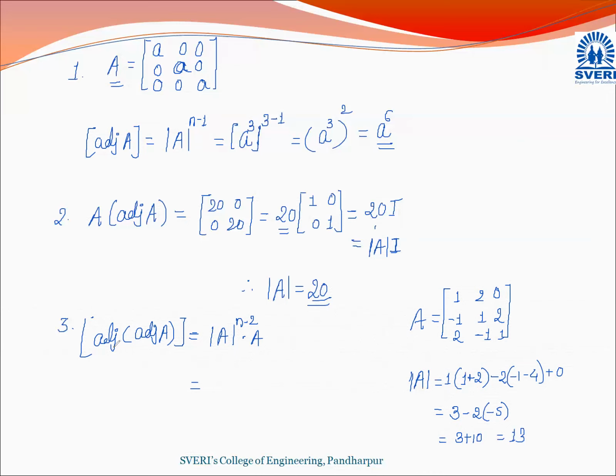Now finding out adjoint of A, it is equal to determinant of matrix A, that is 13, raised to the order of this matrix, which is 3, minus 2, into matrix A, which is equal to 13 into matrix A. So here we are getting determinant 13 into A, which is equal to 13 into 13, which gives 13 square.